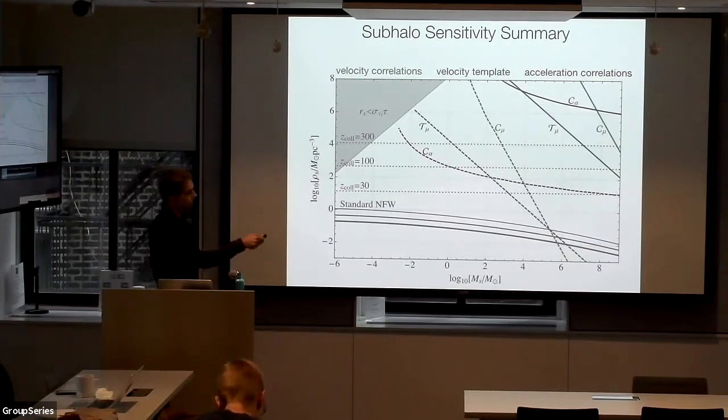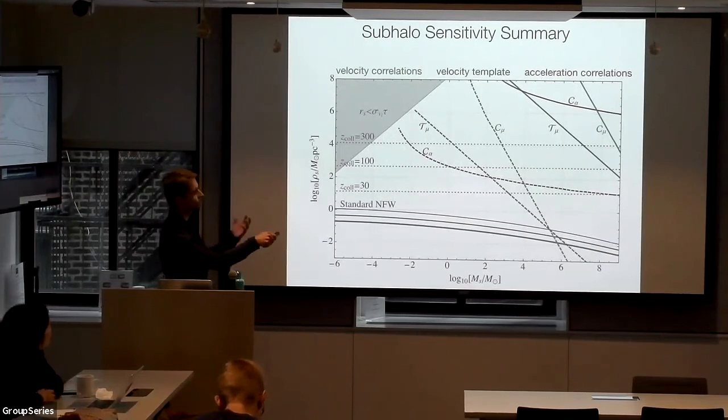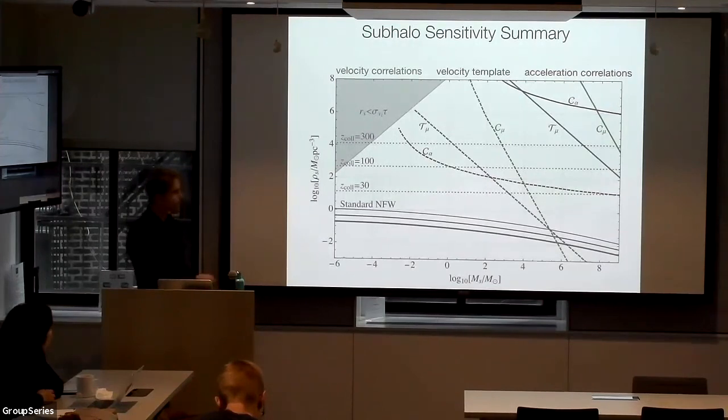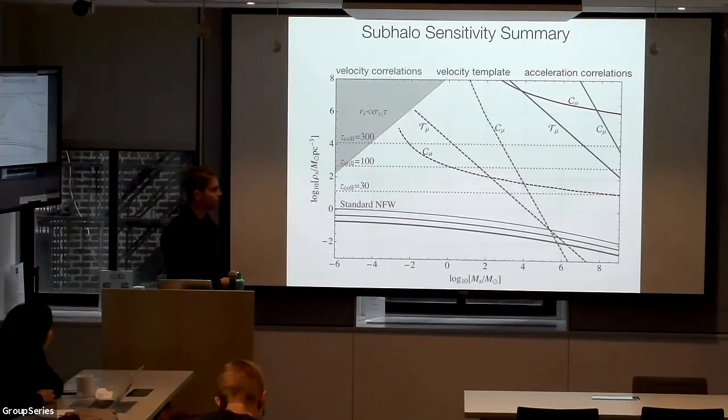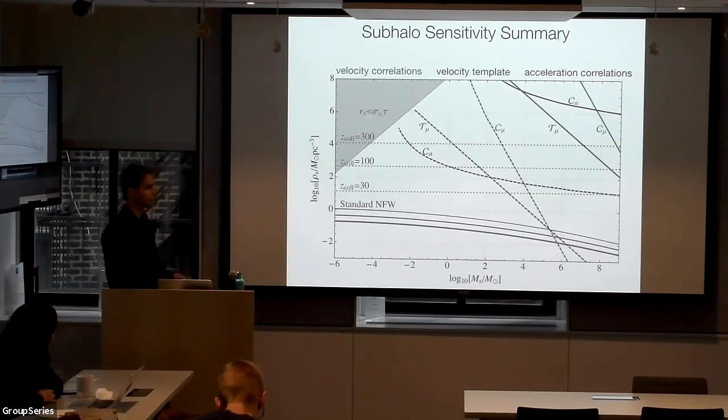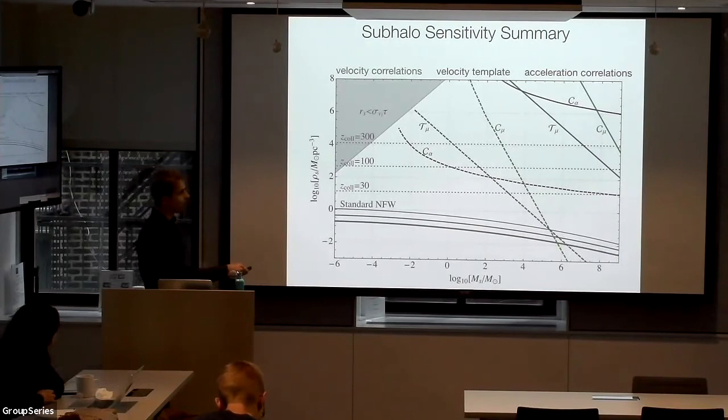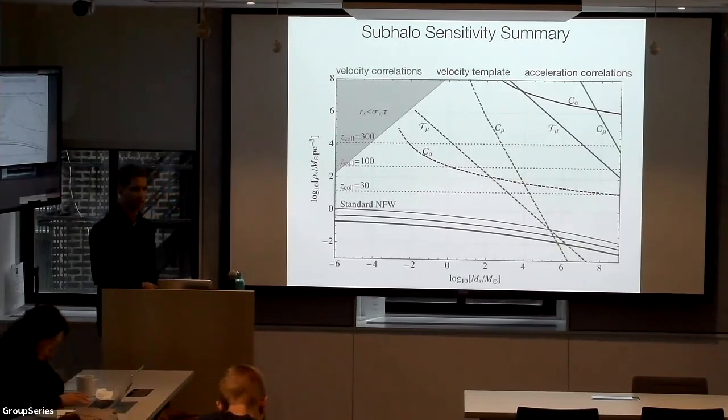If you do something more futuristic, like with a super Gaia, for example, there was a proposal a few years ago for Theia, which is an improved version of Gaia, we think you can drastically improve on this angular acceleration power spectrum. Or with SKA, or a similar astrometric survey of quasars, we think eventually you can look for CDM or for high density, low mass subhalos.